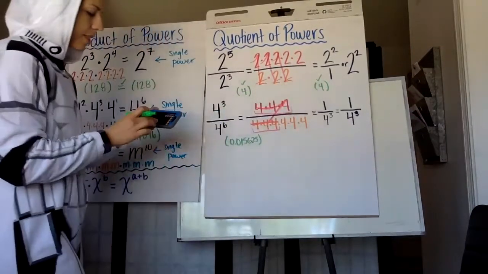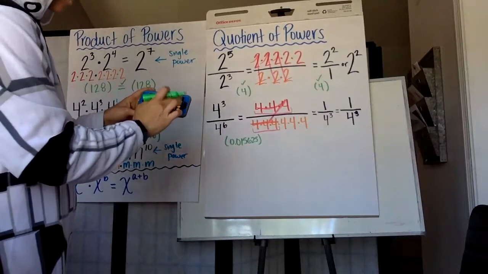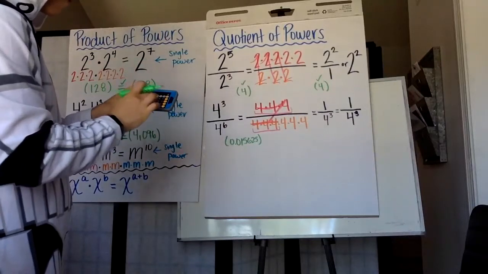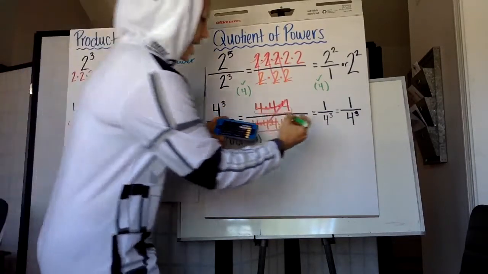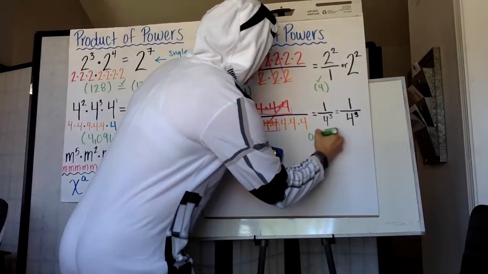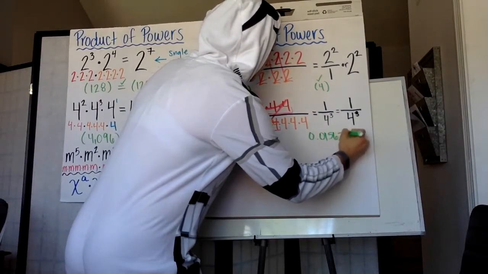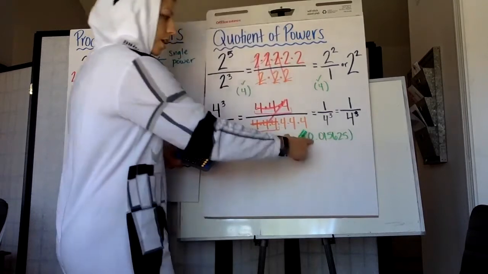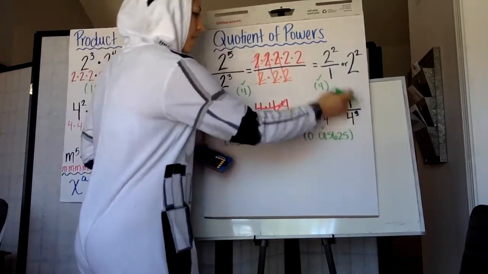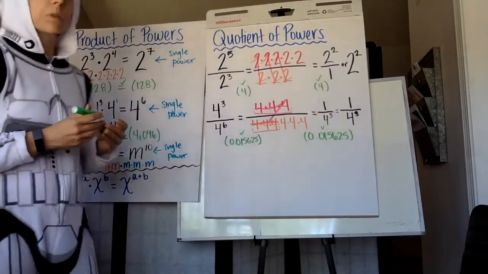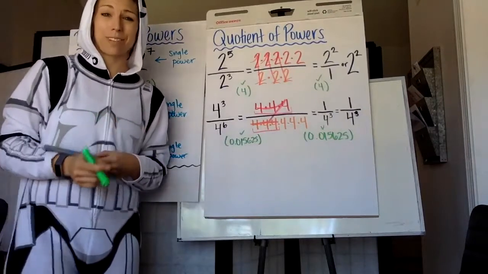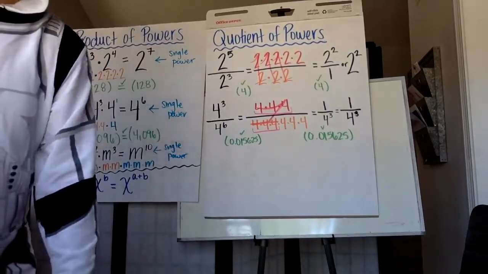Let's see if I get the same thing when I just do 1 divided by 4 to the 3rd power. I get 0.015625. Are those equal? Yes, which means these are equivalent. Kind of interesting.